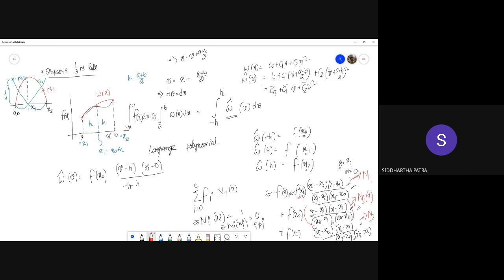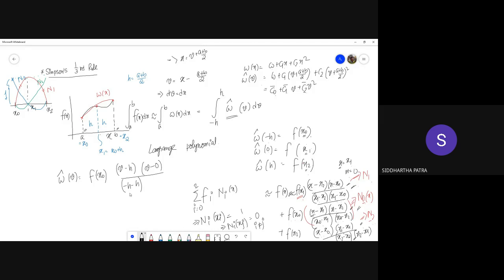Okay. Take any shape function, this is what is going to happen. You can check. So, using that method, let us construct the polynomial form or the parabolic form that is w hat of v. So you take the value at v equals minus h. So the two other distinct values of v are 0 and h. Here v equals 0 and here v equals h and here v equals minus h.